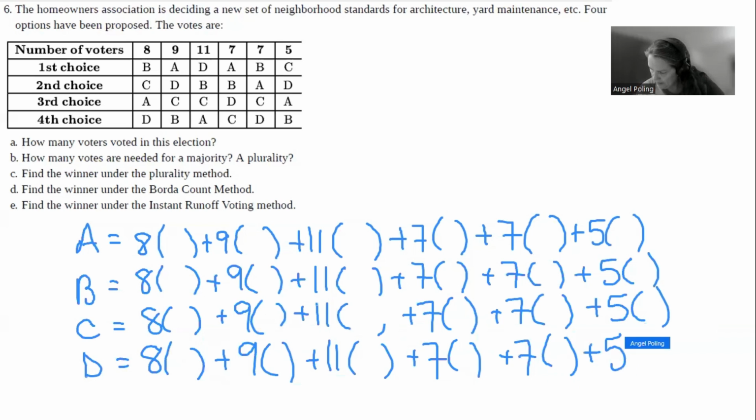Okay, now the Borda method says that we're going to put a multiplier for the choices. And we always start with a 1 on the last choice, and then we go up by whole numbers. So times 1, times 2, times 3, times 4.